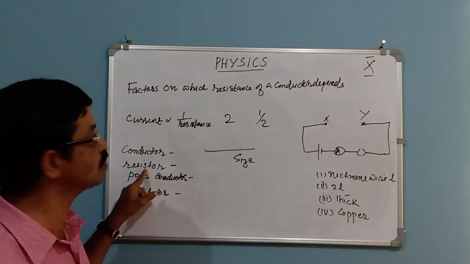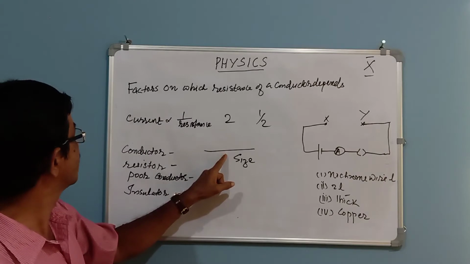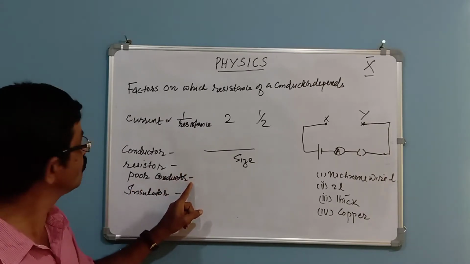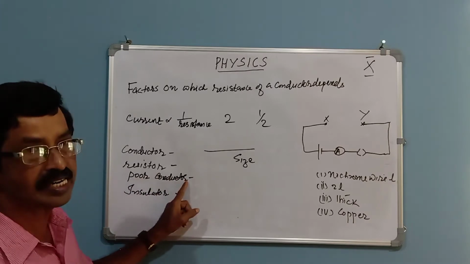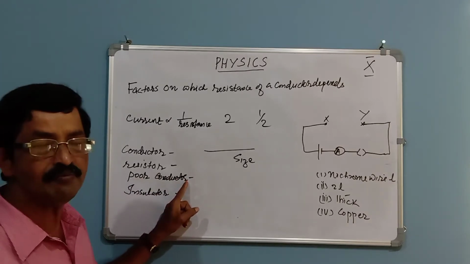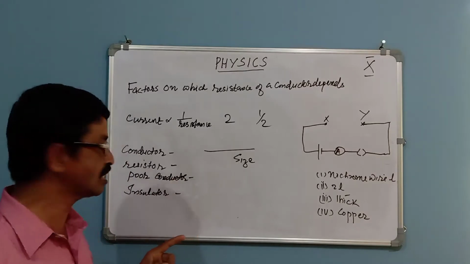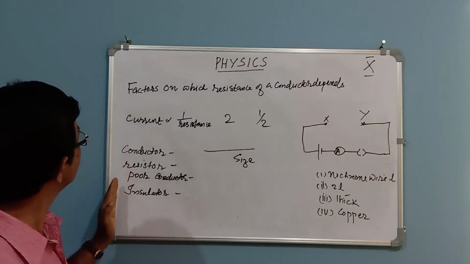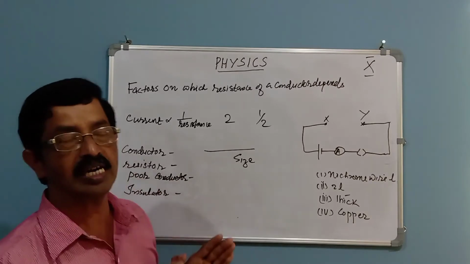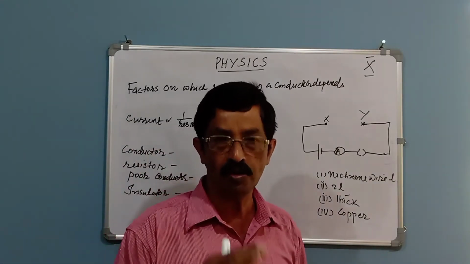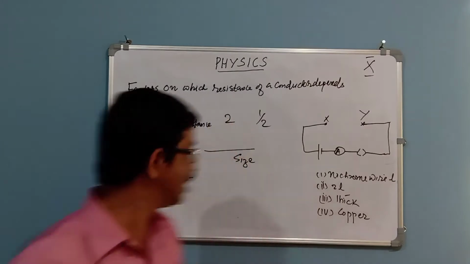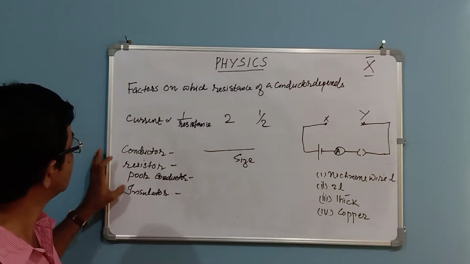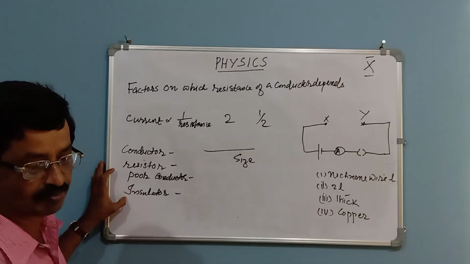If the same size material offers more resistance, then it is called a poor conductor. If it offers much higher resistance, then it is called an insulator. So we can classify materials based on their conductivity as a conductor, resistor, poor conductor and insulator.